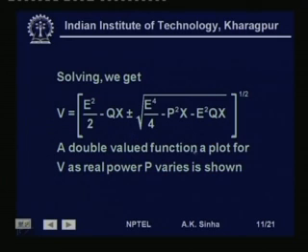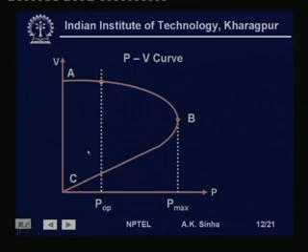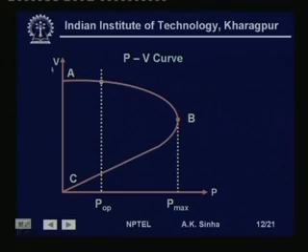We can plot V as the real power P changes. If we do that, then we will get what we call the PV curve for the load. So, this is the PV curve, this is also called the nose curve.